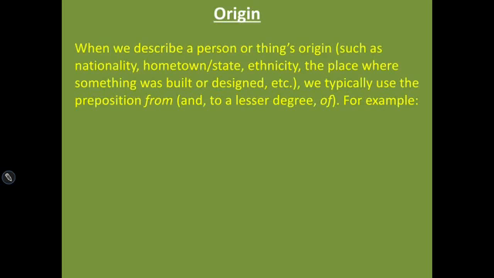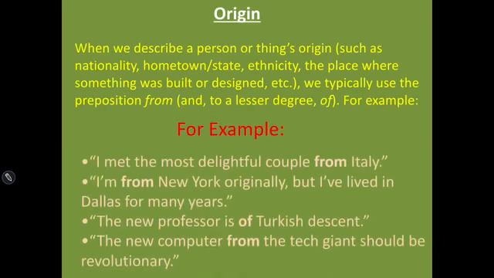For example, I met the most delightful couple from Italy. Means this couple belongs to Italy. To tell this relation, we use the word from. This is a preposition of origin.